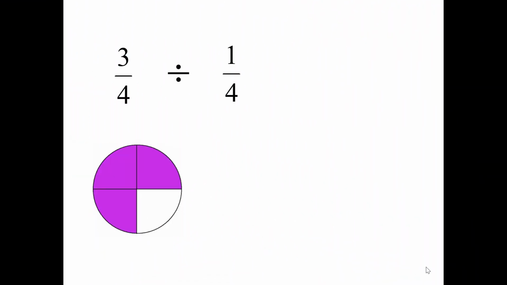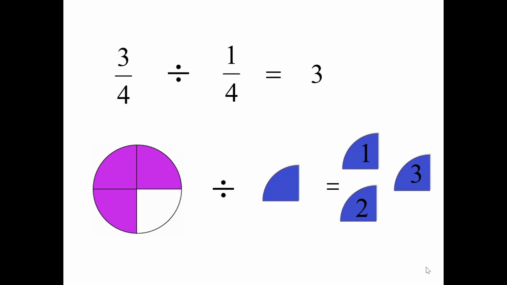We have here the representation for the previous example. 3/4 divided by 1/4. So we have the figure, 3/4 of a whole is divided by 1/4. So the answer is 3. Now here, when we divide 3/4 by 1/4, we get three 1/4 parts of the whole.